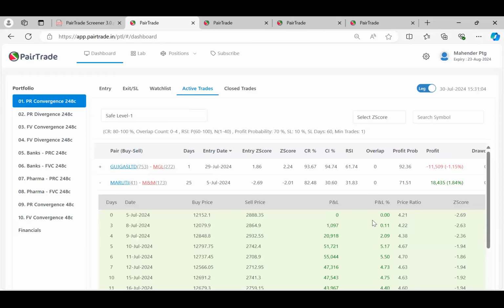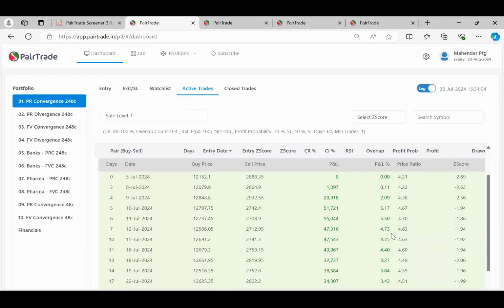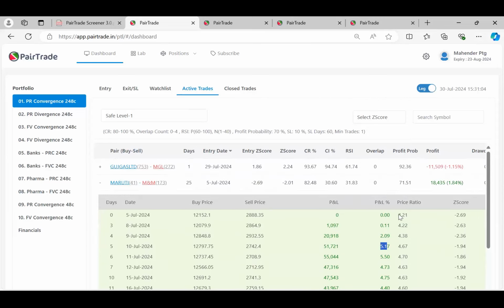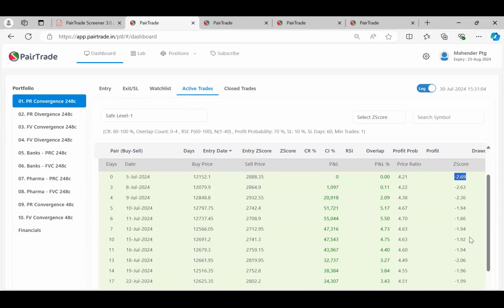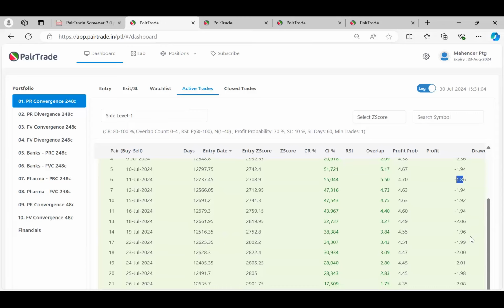Yeah, it actually gave 5% returns here. The thing is, it entered at 2.7 and is looking at 1.7 as the target, but it did not come. Only 1.86 has come. So 1.7 is still not hit, and it is carrying on.